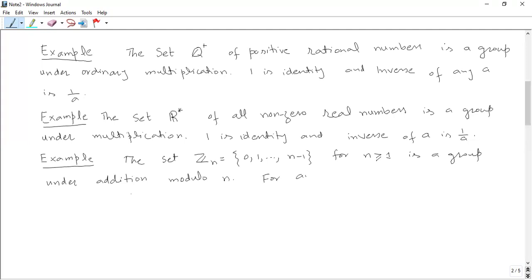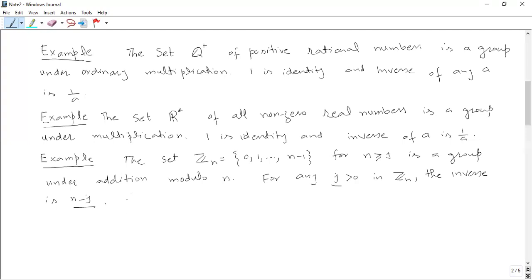For any j greater than 0 in Zn, the inverse is n minus j, because the difference of j and n minus j is divisible by n, so they belong to the same class.